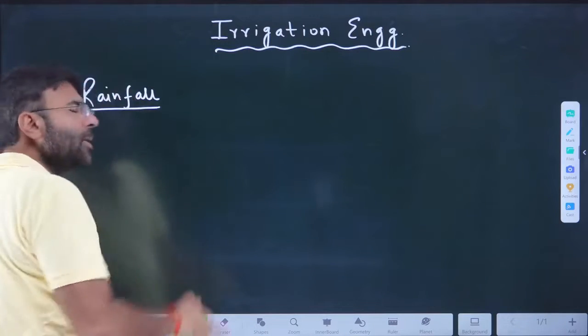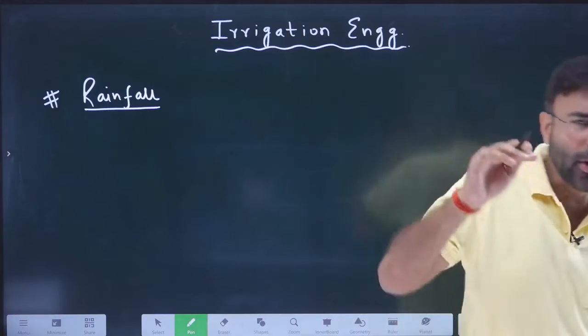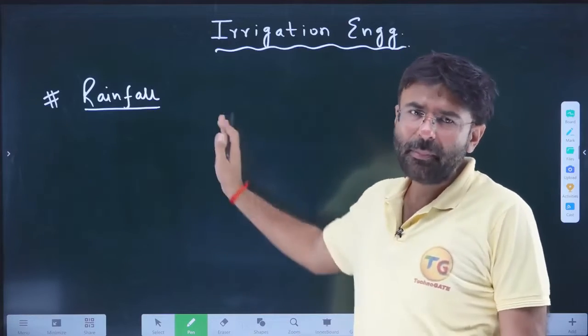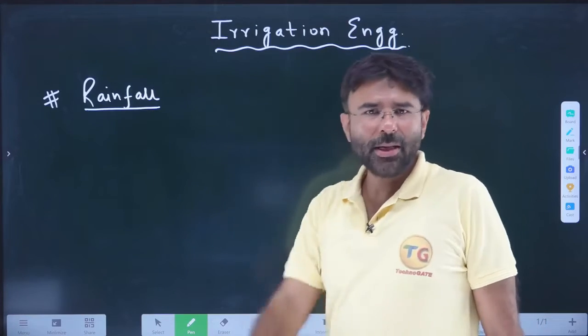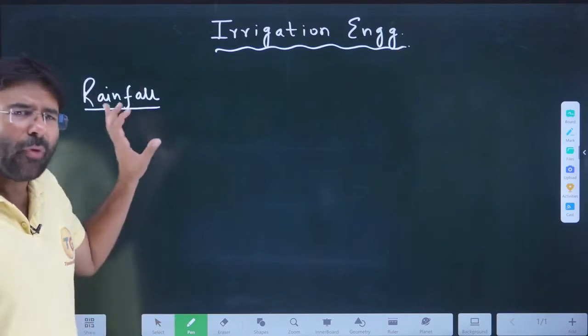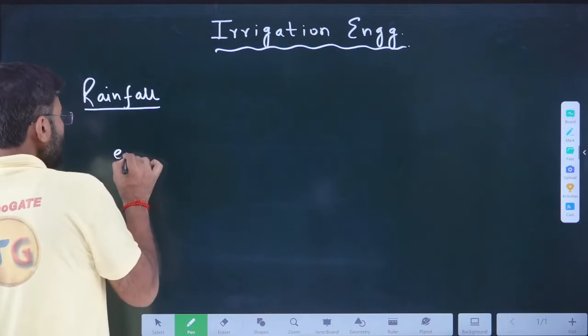And I am 100% sure that every one of you knows the meaning of rainfall. I am not talking about the definition or the technical aspects of this term, but the meaning of rainfall is clear to everyone. Now I give you a very basic, practical example.